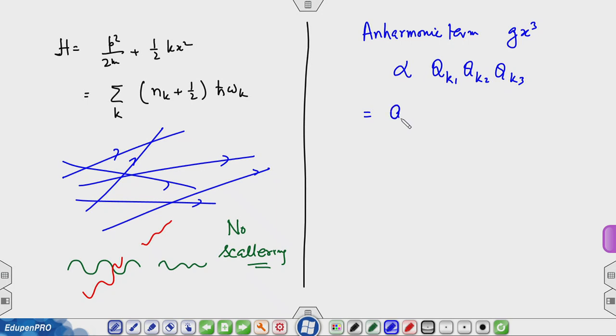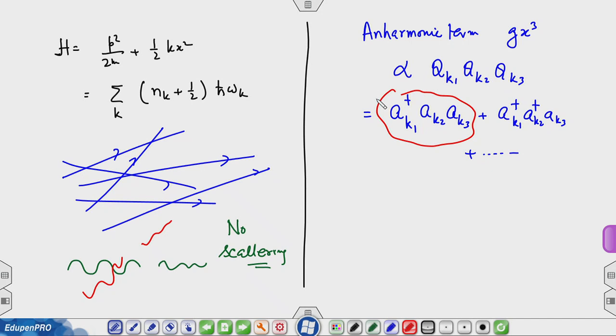So, let me write the first one, a k1 dagger a k2 a k3 plus a k1 dagger a k2 dagger a k3 plus all of the terms, and it is this term that is responsible for limiting k thermal.